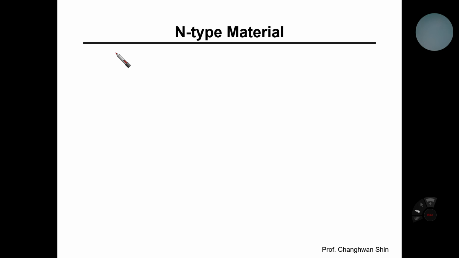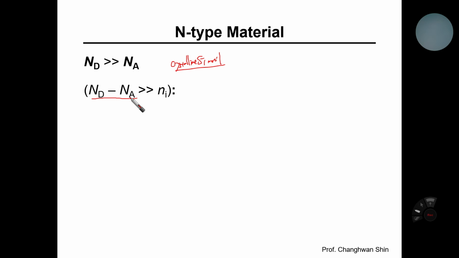Okay, so herein I would like to show you some examples for a given material. So for a given silicon material, definitely crystalline silicon material, you put the donors and acceptors together. Then the net dopant concentration is N sub D minus N sub A, which is way higher than the n sub i, which is 10 to the 10 per cubic centimeter.